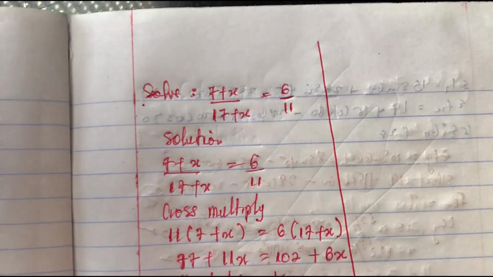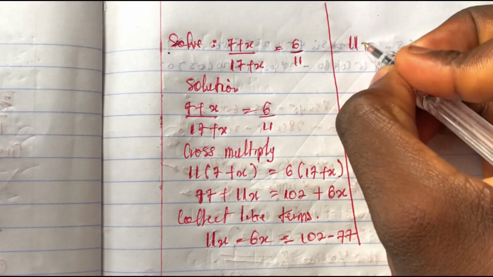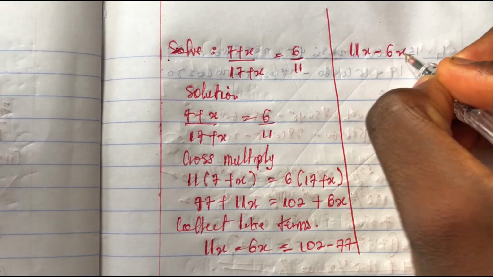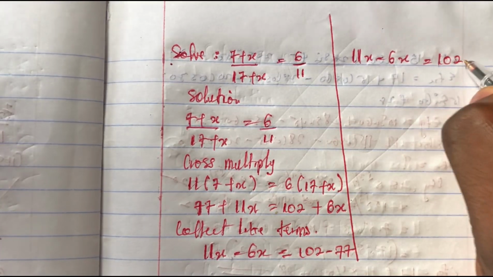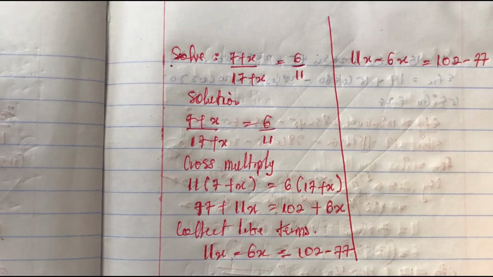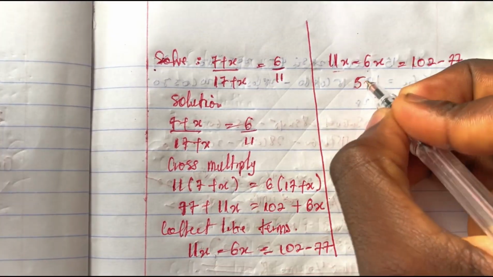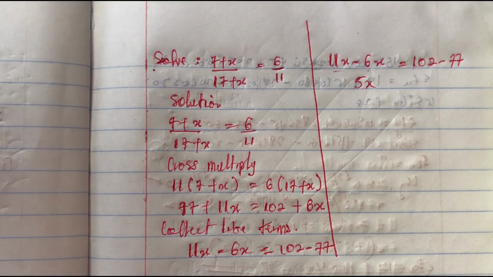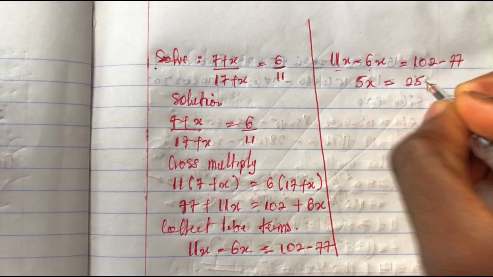Let me write it at the top there, it is better. So we have 11x minus 6x is equals to 102 minus 77. So 11 minus 6, we have positive 5x is equals to 102 minus 77, we have 35.